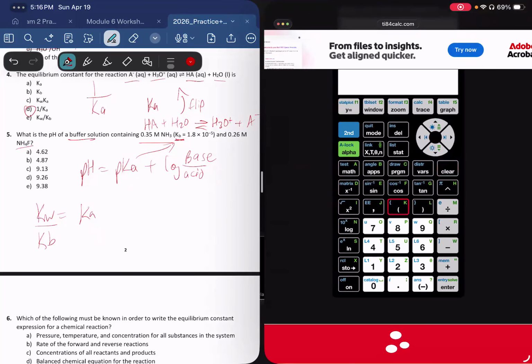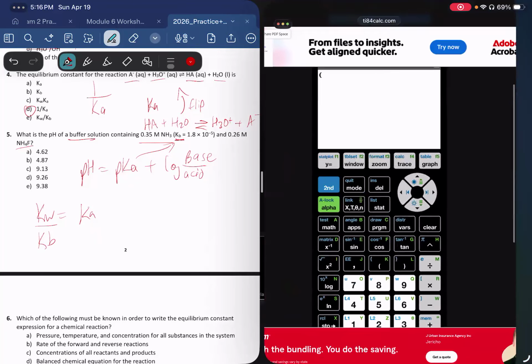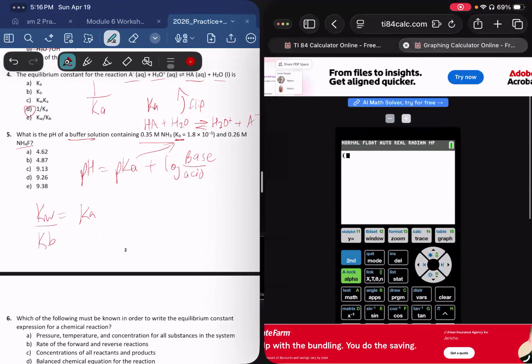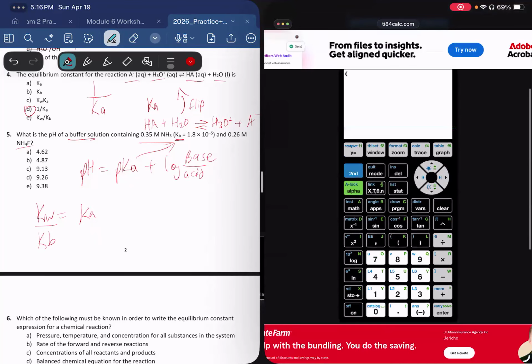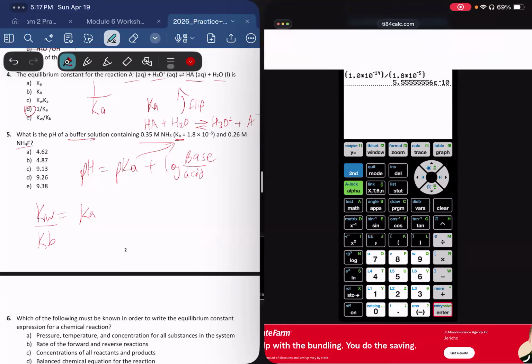Okay, 1.0 times 10 to the -14, divided by, in the equation, 1.8 times 10 to the -5. And we're going to get 5.56 times 10 to the -10.